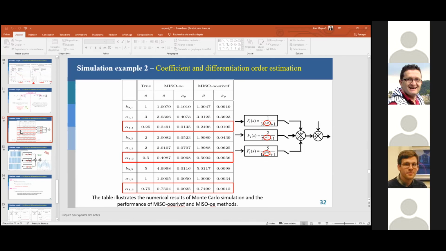The prediction error identification is just the maximum likelihood, so the variance is the smallest. So how could you explain the fact that the variance is slightly larger?